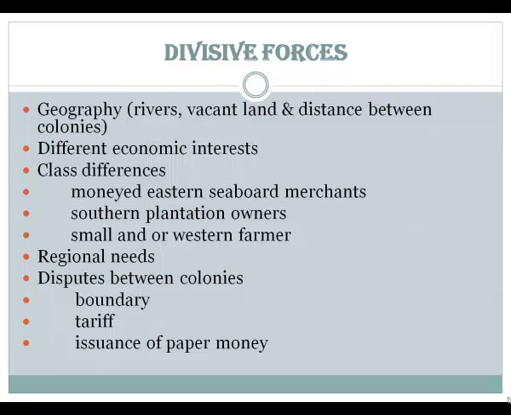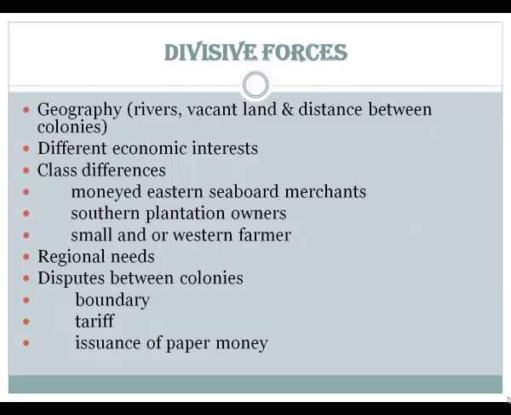And of course, each region has its own needs. I mean, the people out west in the western colonies, they need gunpowder. The people of Boston don't need gunpowder. They need somebody to help work and build ships. And there are disputes between the colonies over the boundaries of where the colonies end. There are disputes over tariffs. You actually charged tariffs from one colony to the next.